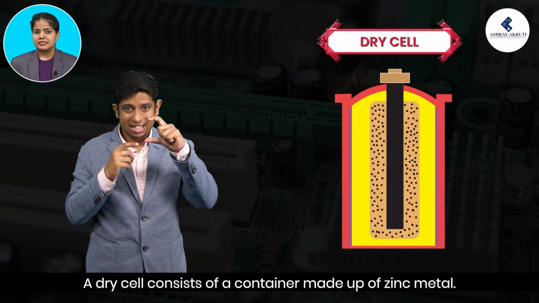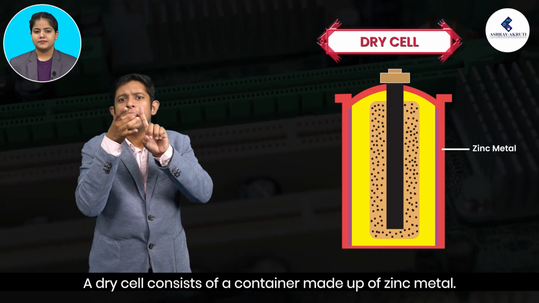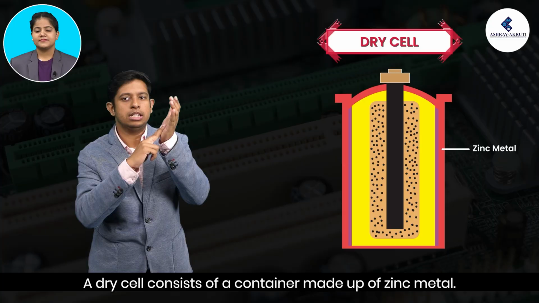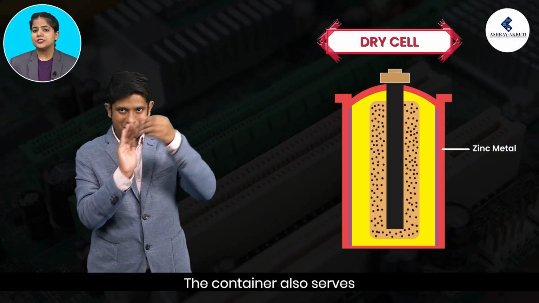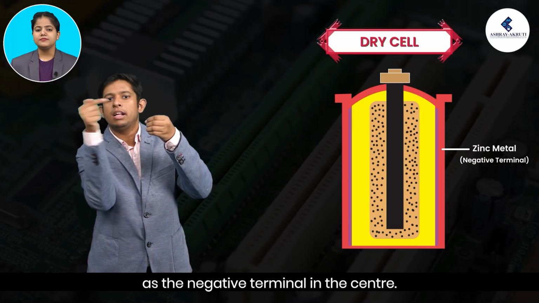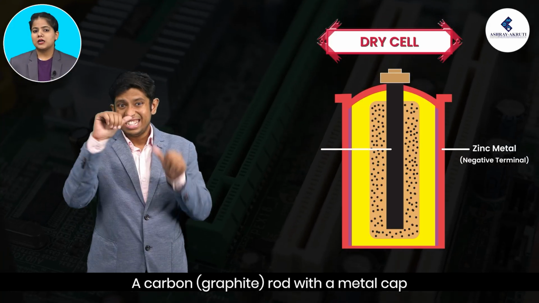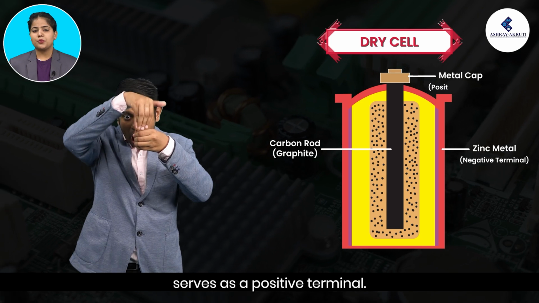A dry cell consists of a container made up of a zinc metal. The container also serves as the negative terminal. In the center, a carbon graphite rod with a metal cap serves as a positive terminal.